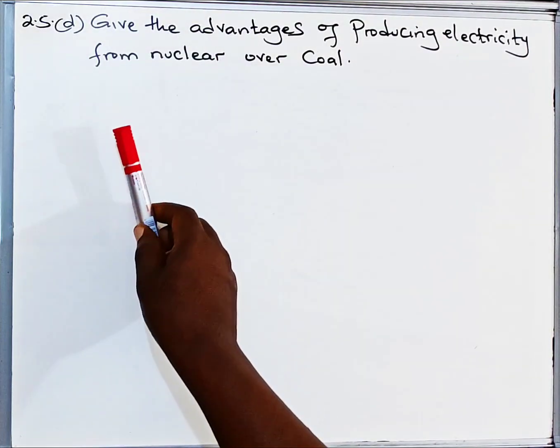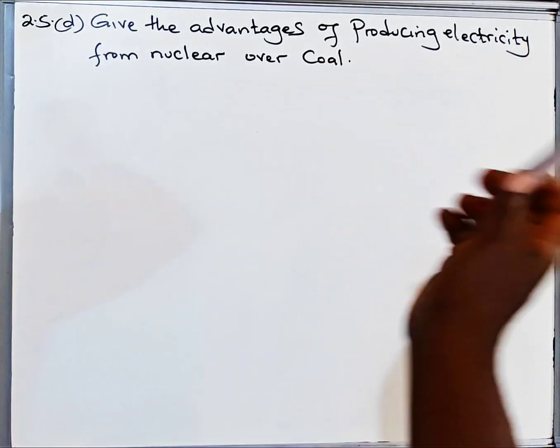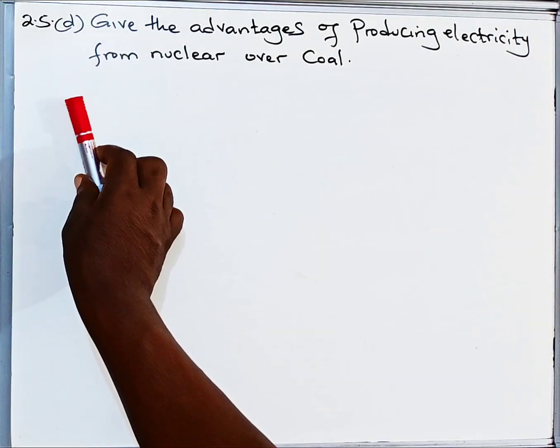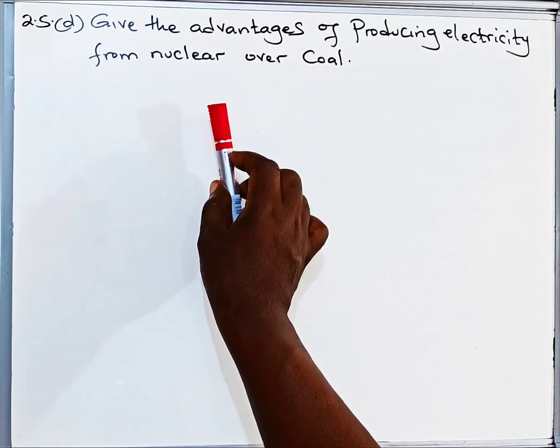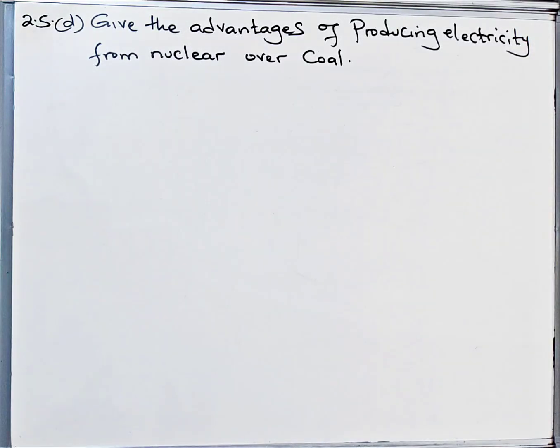Then we come to this question. It says give the advantages of producing electricity from nuclear over coal. What advantage do we get from nuclear? The first advantage is that a very small amount of radioactive element is required to produce a large amount of electricity. This is unlike coal where you have to get tons and tons.